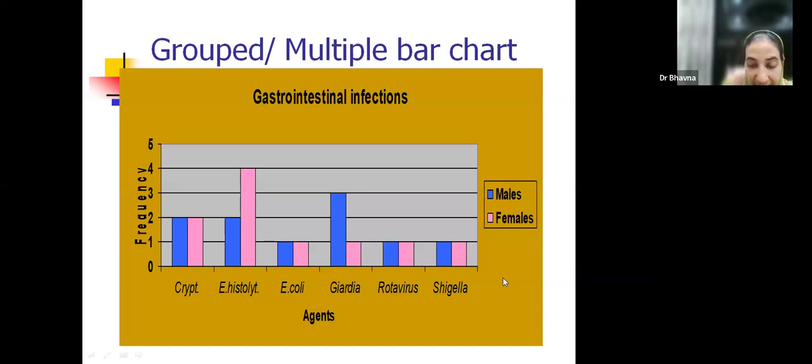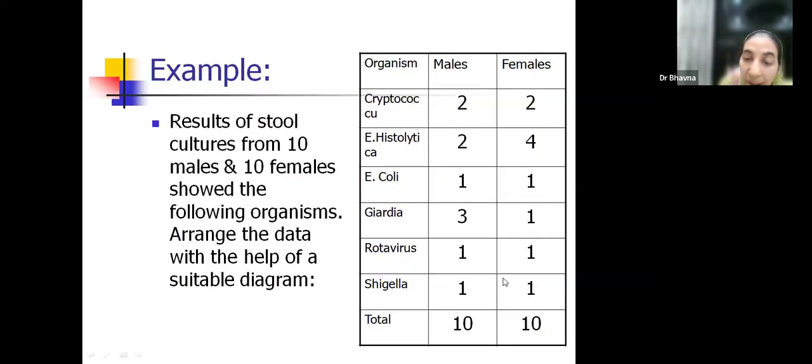Whenever you look at data which has categories, you have to prompt the software that you want a multiple bar chart. The only thing I want you to understand in this class is that with the advent of technology, using Excel, SPSS, Jamovi, there are so many softwares out there which are absolutely free.